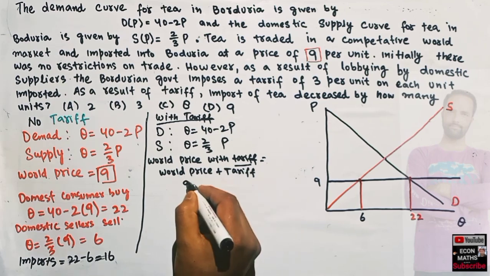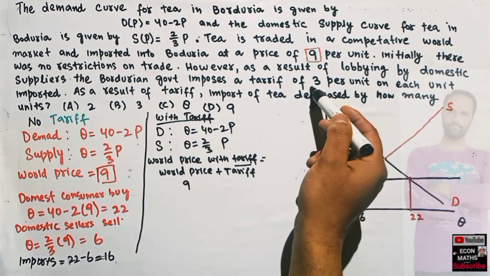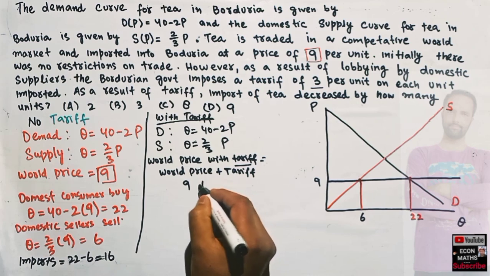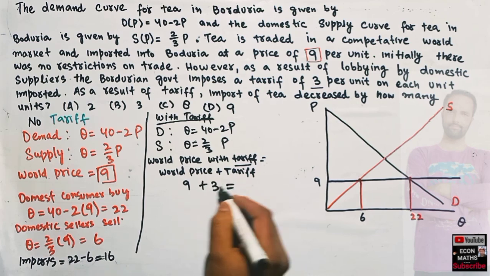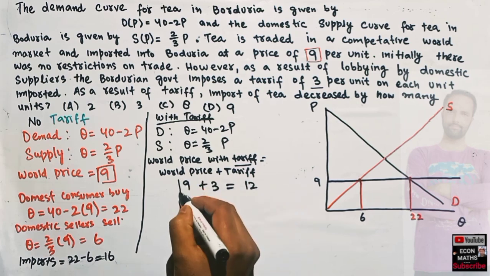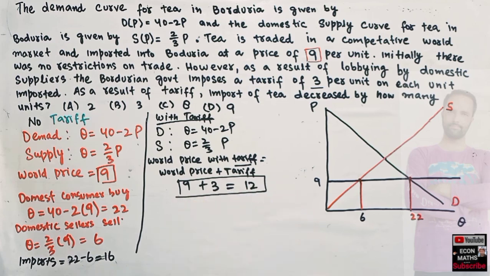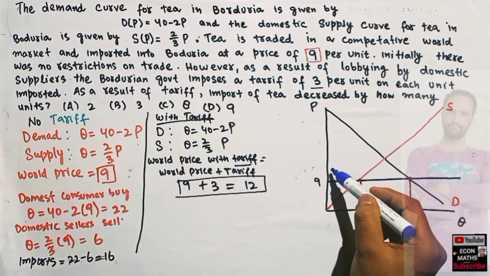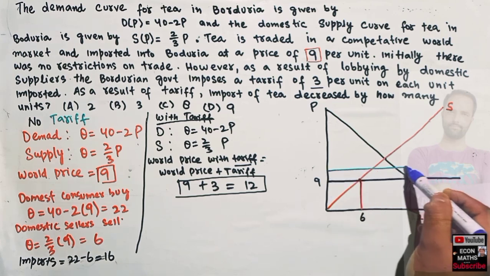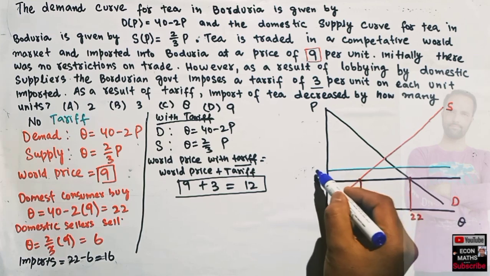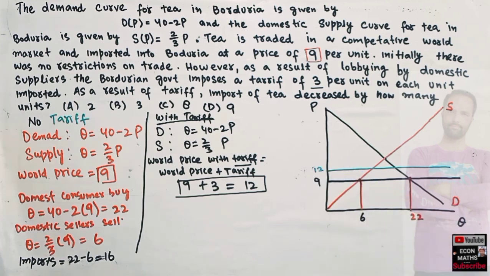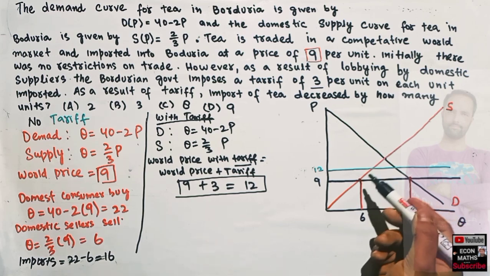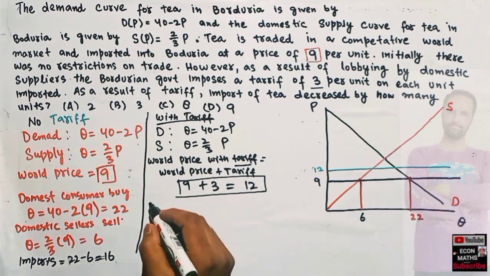World price was 9 and we are told that 3 per unit of tariff is imposed. That means 9 plus 3 is 12. So our new world price will be 12. Let us denote it by another color. This is our new world price, which is 12.